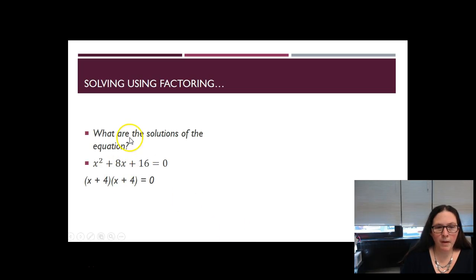So when you think about this, you're used to solving equations by factoring, just a normal way that you've done already in the past. It's kind of the inverse of foiling, is what we sometimes call it. You decide what will multiply to 16 and add to 8.